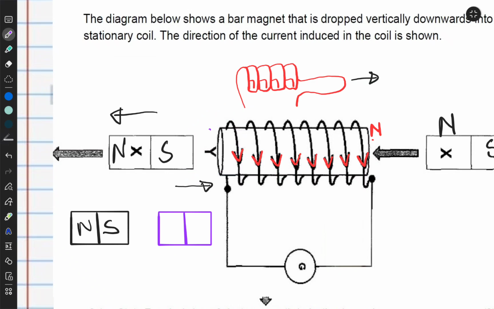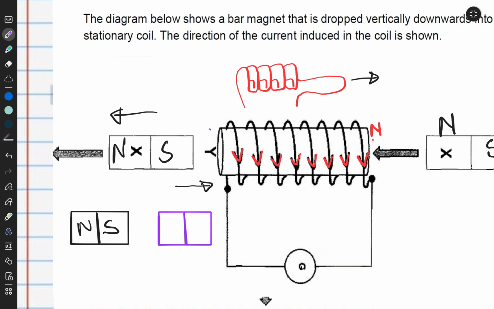So I'm moving the magnet away from the solenoid, and the solenoid is trying to attract it back. Remember, the solenoid is also a magnet. So how do you make sure magnets are attracting each other? You create unlike poles. What that means is the poles that are facing each other must not be the same.